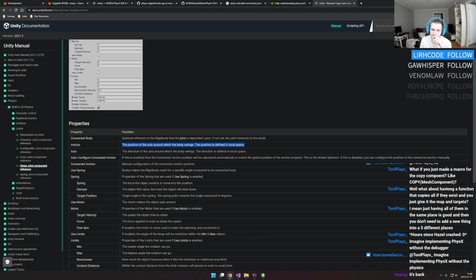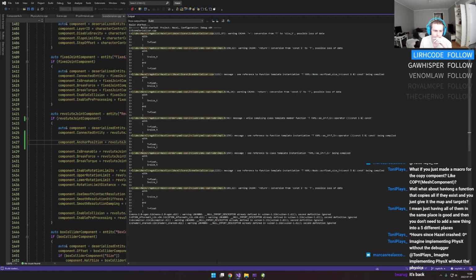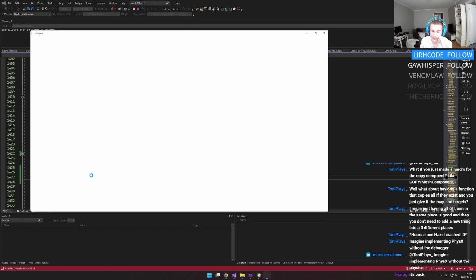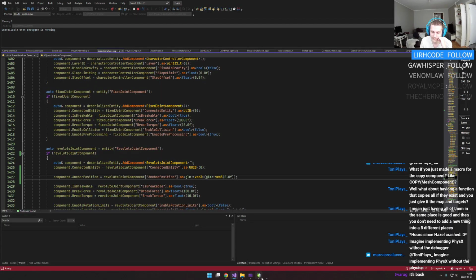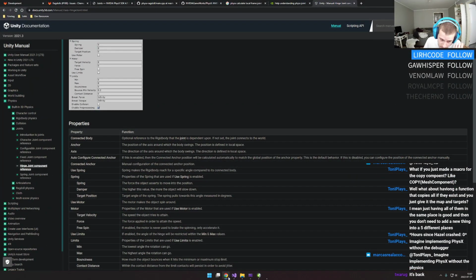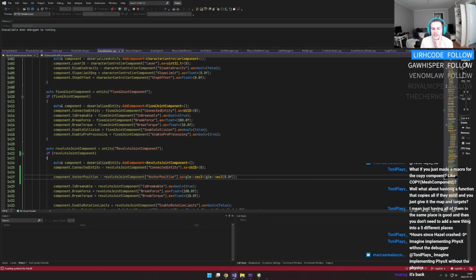It would obviously be nice if we could automatically calculate these sorts of things, which I imagine is possible, but probably very difficult. So you'd have to get the common midpoint almost between the two, and then you'd need to have that as an offset in local space from the parent, which, to be honest, probably isn't too difficult.